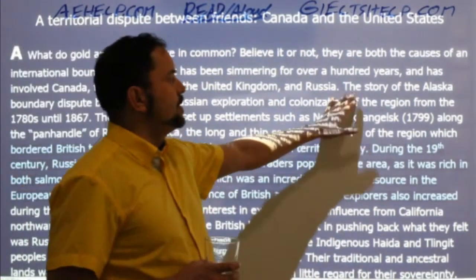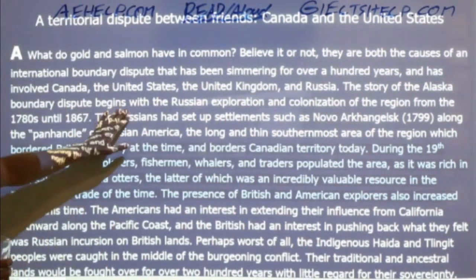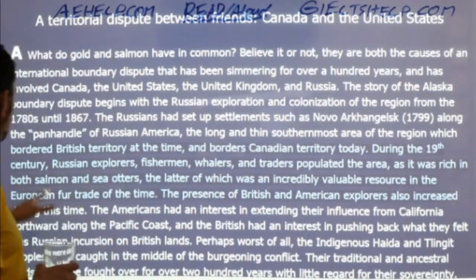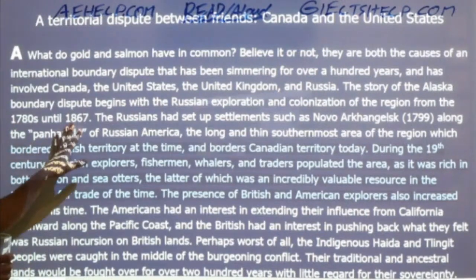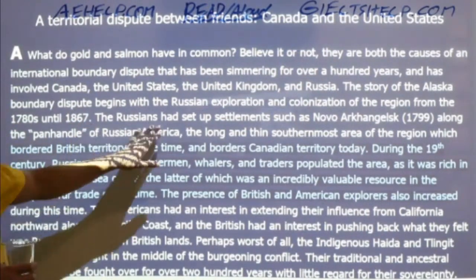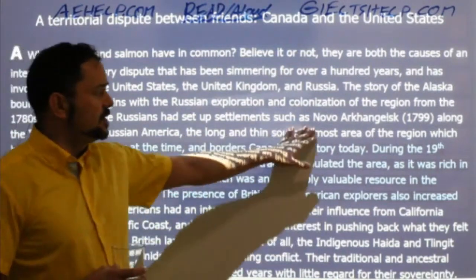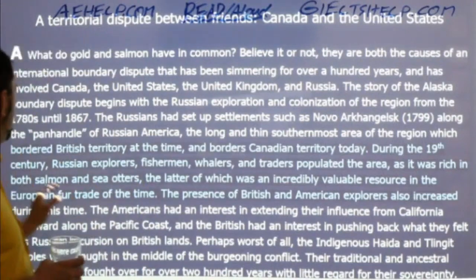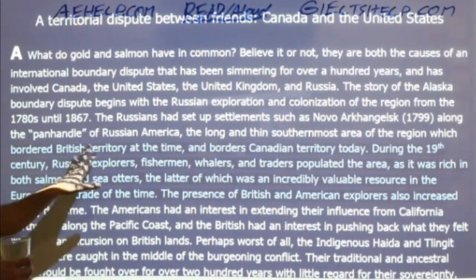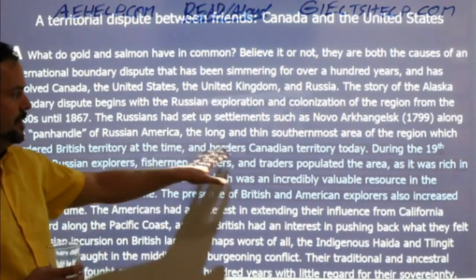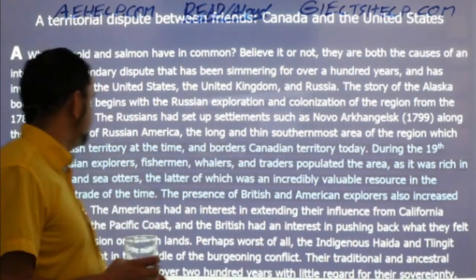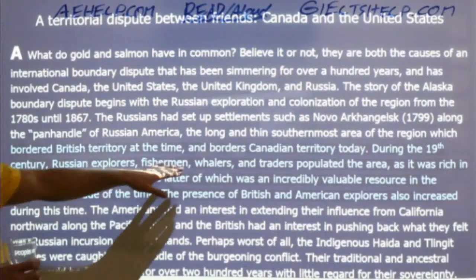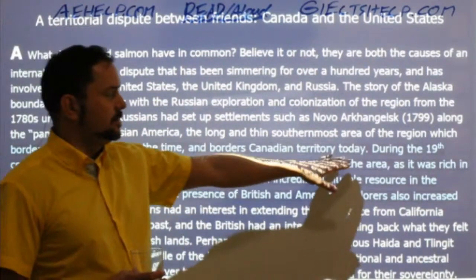The story of the Alaska boundary dispute begins with the Russian exploration and colonization of the region from the 1780s until 1867. The Russians had set up settlements such as Novoarchangelsk, 1799, along the panhandle of Russian America, the long and thin southernmost area of the region, which bordered British territory at the time and borders Canadian territory today.